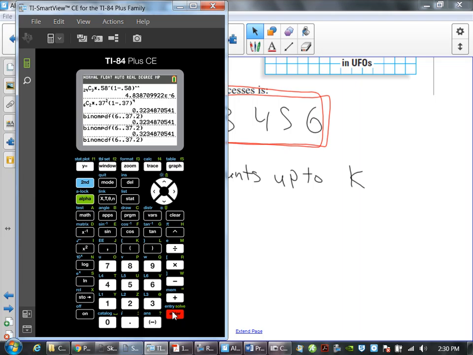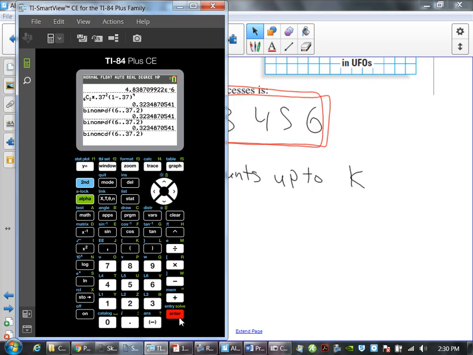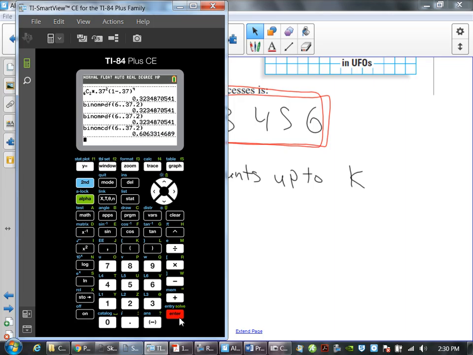Yeah? So you said the complement is 1 minus 2? Yes. So it'd be 1 minus 2? No. It'd be 1 minus the bino CDF. I'll show you it again. So this is at least 2. It takes a second to understand the difference for the at least, at most.